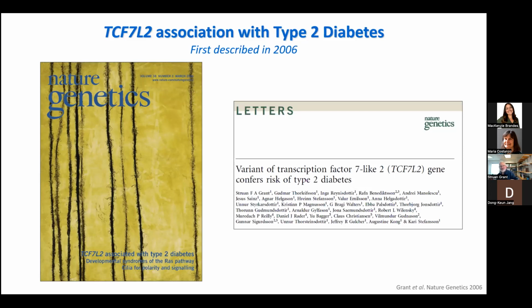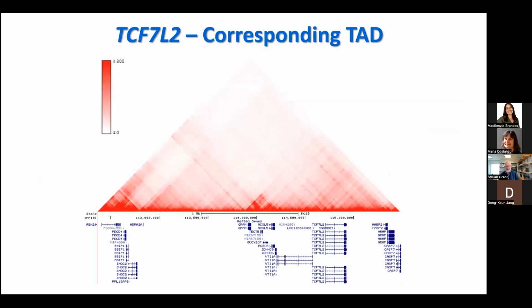And as you can probably imagine, I'm very invested in understanding more about this gene and getting funding and pursuing this particular locus. And so this was the first adventure I had with my lab to explore it. And this is the TAD region for TCF7L2. And in fact, it's quite a gene-rich TAD. There's a lot going on in this region.